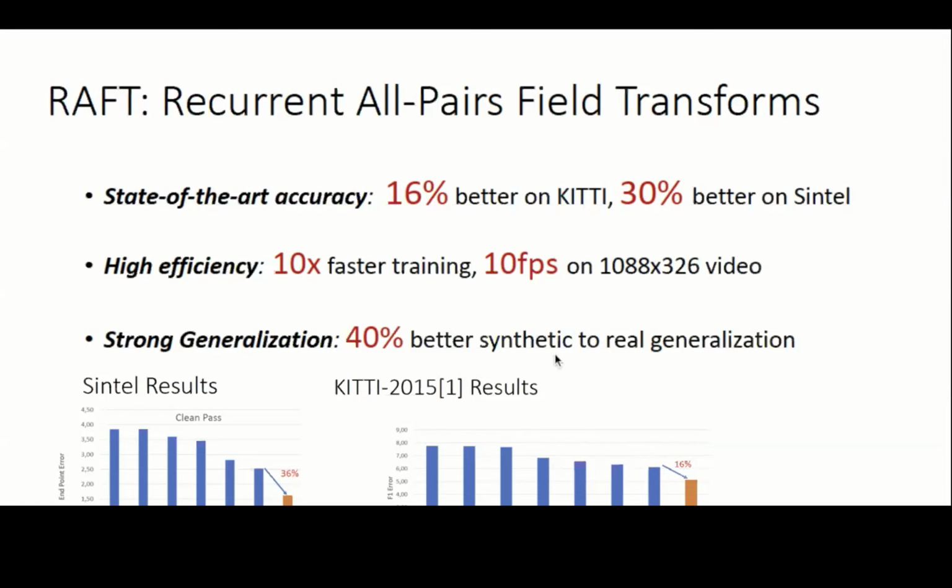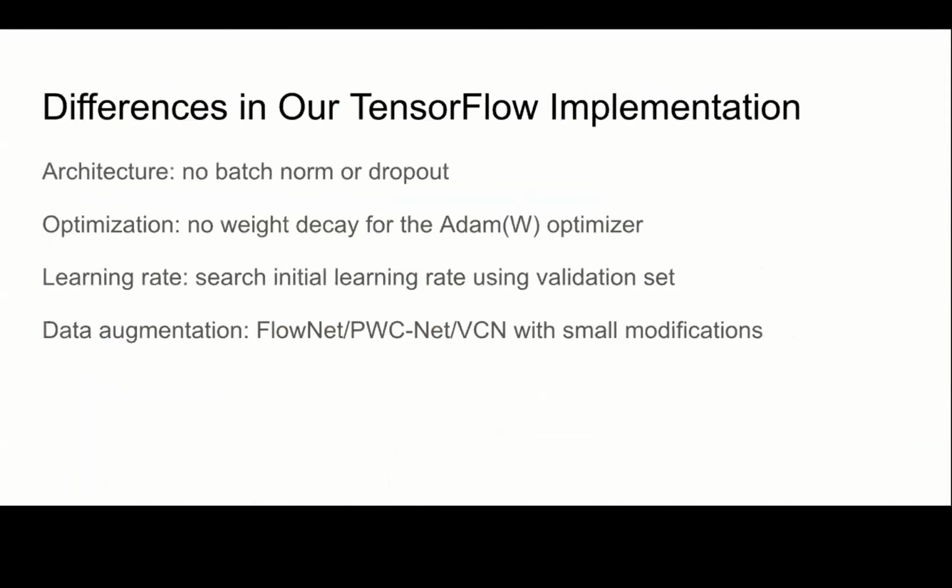And so compared with the official PyTorch implementation, we made some changes in our TensorFlow implementation. So first, for the architecture, we did not use batch norm or dropout in the network structure. And for the optimization, we do not apply weight decay for the AdamW optimizer.